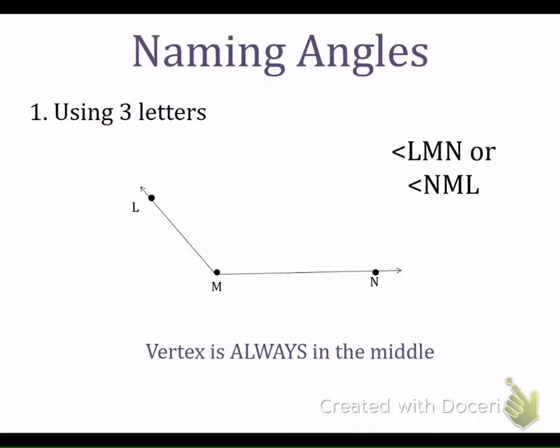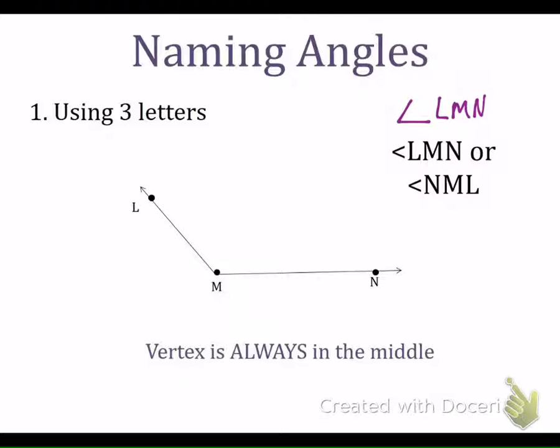So when you're using 3 letters to name the angle that you see on the board, you first draw the angle symbol. Here the angle symbol kind of looks like the less than symbol. More typically it's flatter. It usually looks more like this on your worksheets. That symbol doesn't exist in a PowerPoint though, so it looks a little different.